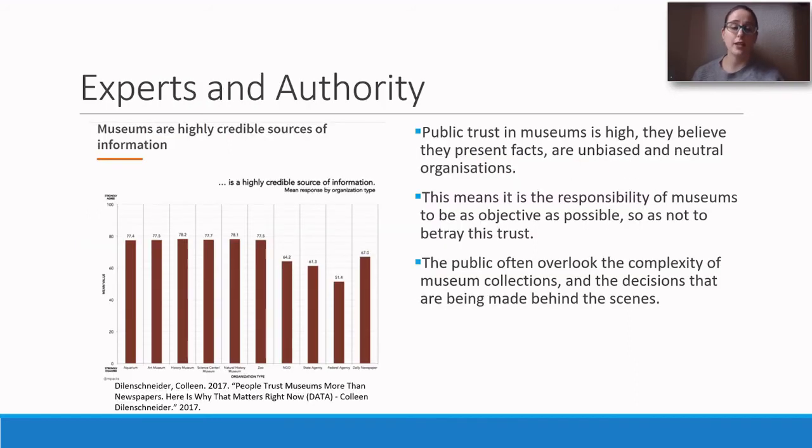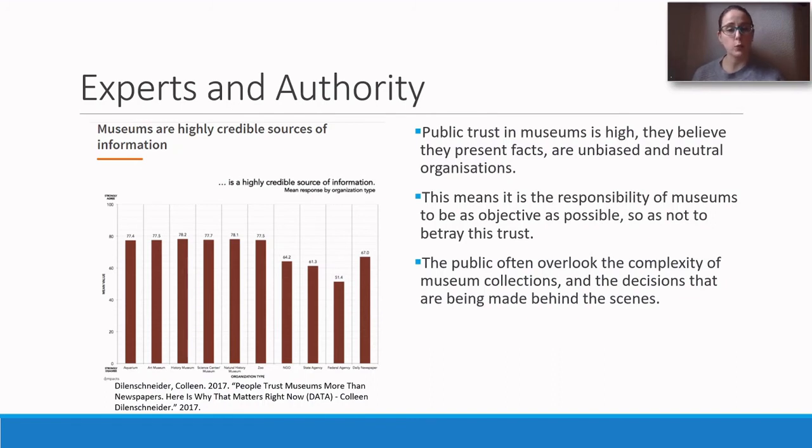One of the things you have to be really careful with is how we exploit the trust we have in museums. Museums are trusted by people. Here on the graph, out of all of the organisation types that were assessed in America, museums and art galleries consistently had the highest level of public trust, more so than charity organisations, state organisations, newspapers.